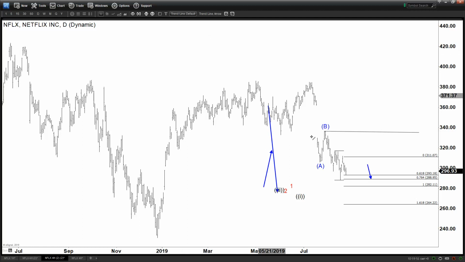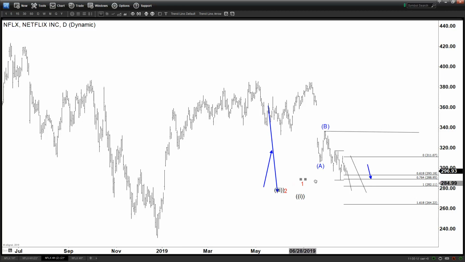So let's say if Netflix actually breaks down and goes below 282, technically this is already longer than this. Then you cannot even call this 1 2 3 4 5 anymore, because then this is going to be the shortest wave, which is not allowed in Elliott Wave.